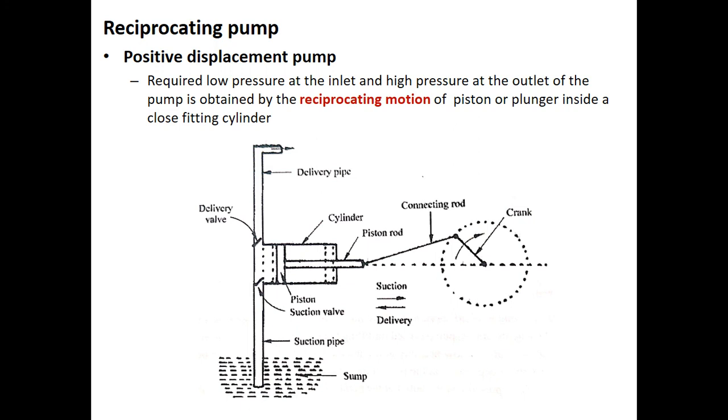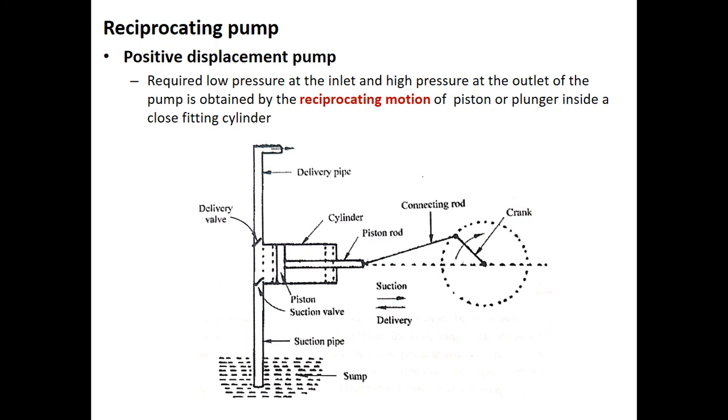Thus the suction valve allows the liquid only to enter into the cylinder, and it prevents the liquid from going from the cylinder back to the suction pipe. Similarly, the delivery valve allows the liquid only from the cylinder to the delivery pipe, and it prevents the flow of liquid backward.